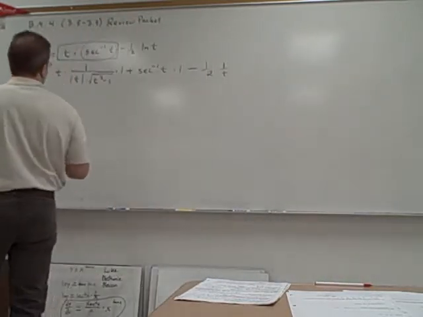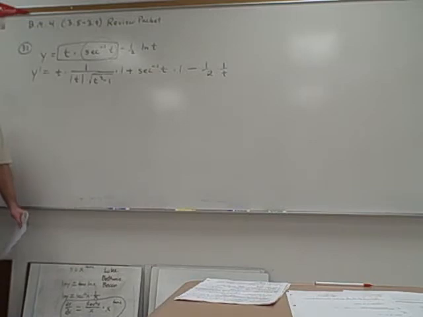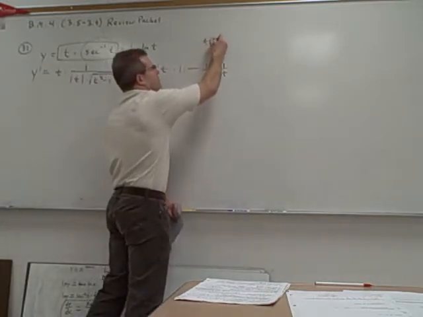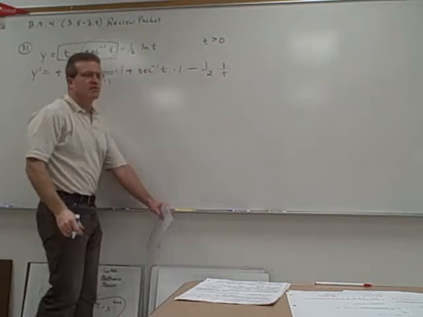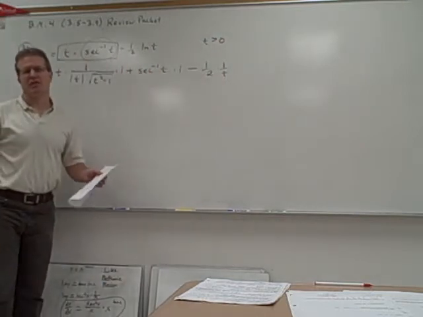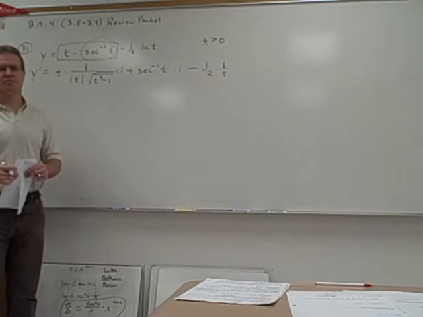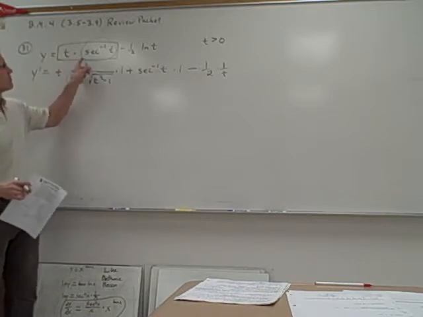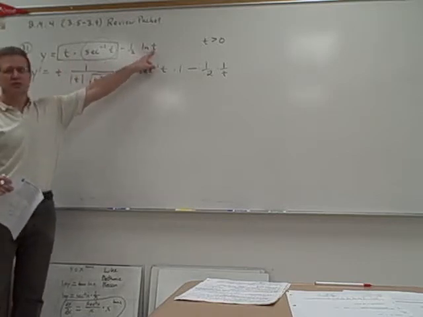And then as far as simplifying, a note I probably should have had down for you, I probably should have had off to the side here, is that t is greater than 0. How do I know by looking at it? If I didn't have that note, how would you know t has to be greater than 0? Well, even just looking at the original problem, what types of numbers can you take the natural log of?